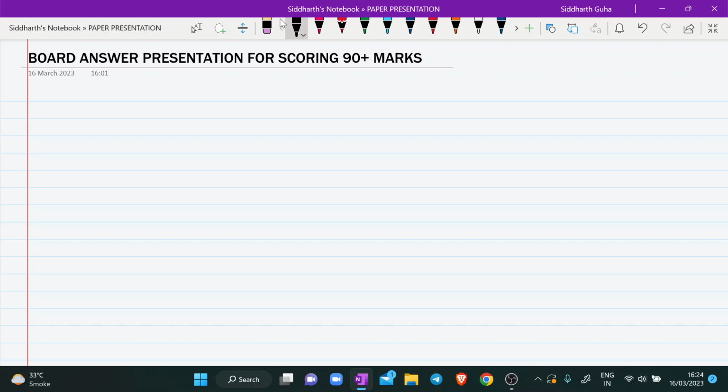Remember this, whatever you have prepared, you should be writing that, no doubt about that. But if you present it well, you have a very big scope that you will score at least 10 to 12 marks extra in the paper. The aim should be to make the work of the paper checker very simple and make it paper checker friendly. So let's start section wise.